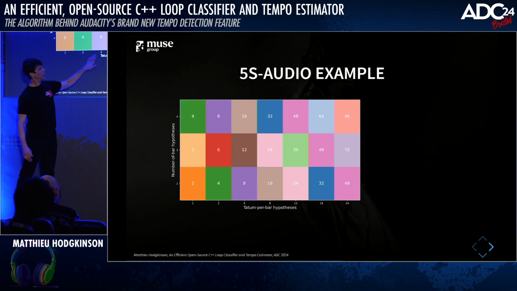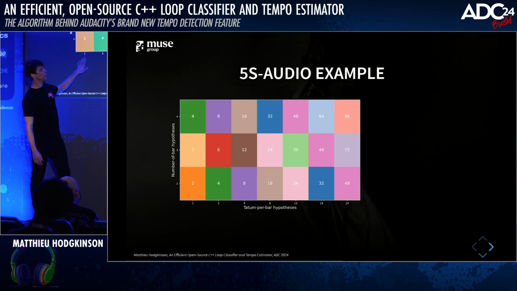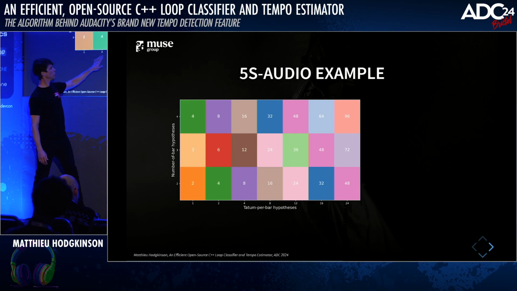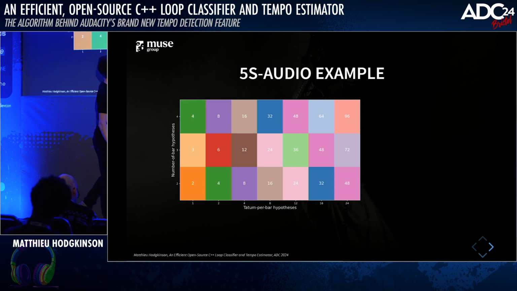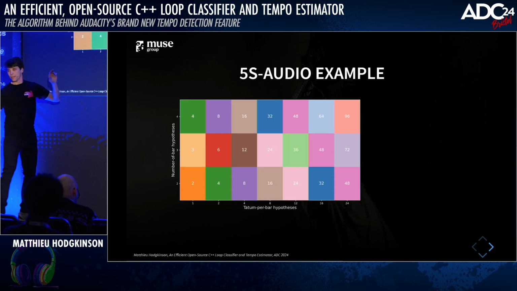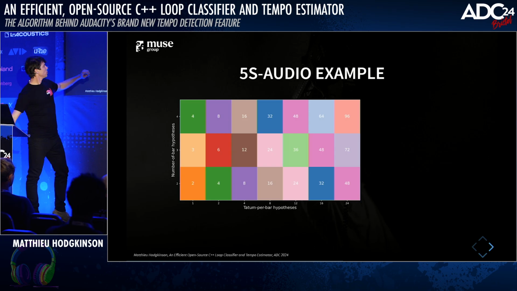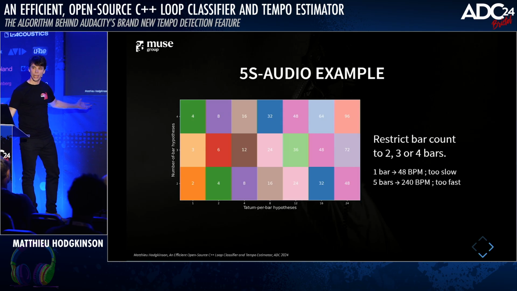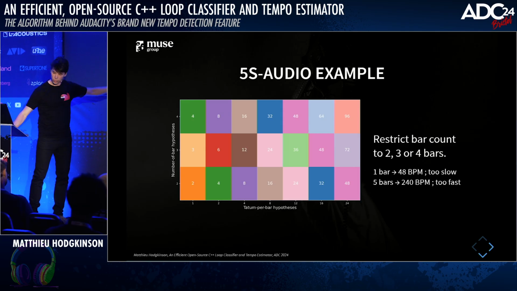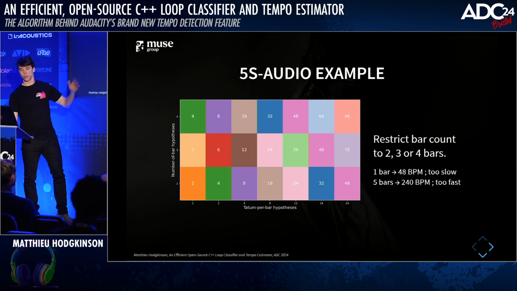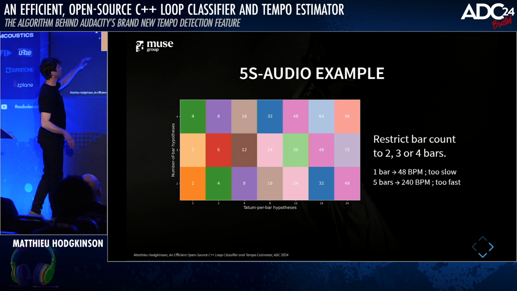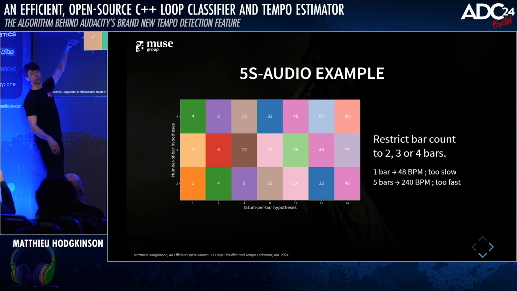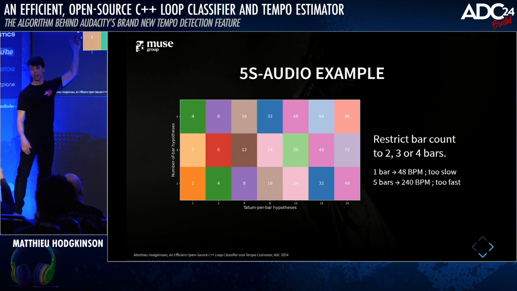And this then leads us to this set of hypotheses, right? On the x-axis here, we have the tatum per bar hypothesis: 1, 2, 4, 8, 12, 16, 24. And our example is 5 seconds. So in 5 seconds, we can realistically fit 2, 3, or 4 bars. 1 bar would mean 48 BPM, too slow. We stop here, and 5 bars, 240 BPM, too fast. So our realistic bar count numbers are 2, 3, and 4.